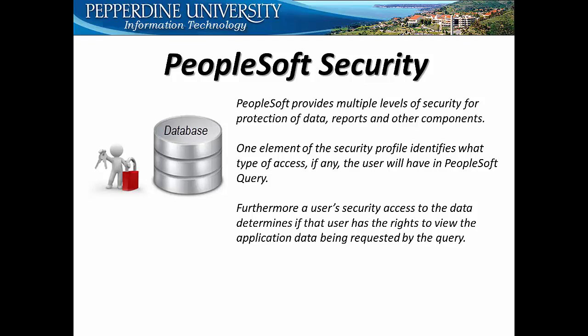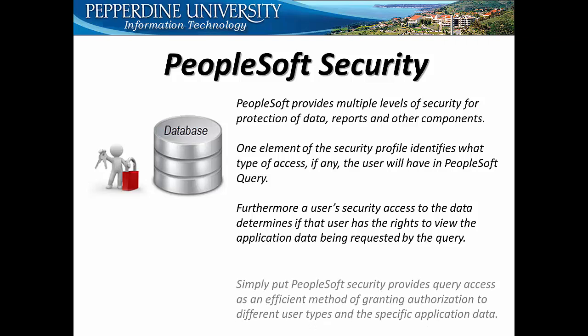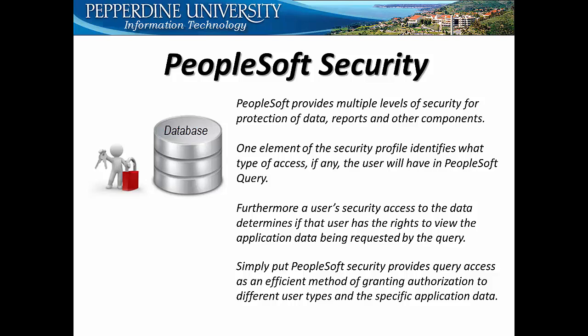For example, rather than having access to all employees' personal data, you may be allowed only to view rows for employees for your department. Simply put, PeopleSoft Security provides query access as an efficient method of granting authorization to different user types and the specific application data.